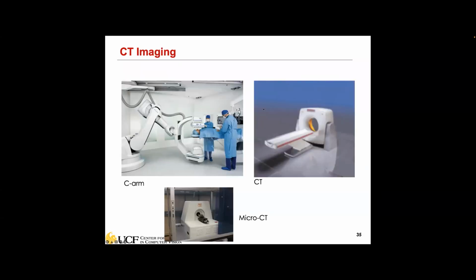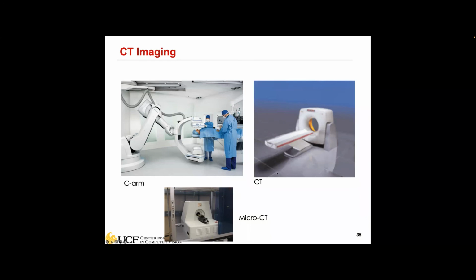And these are some of the CT imaging devices, right? You have these arm-shaped ones, like robotic arms you find on an industrial assembly line. This is one type of imaging device.